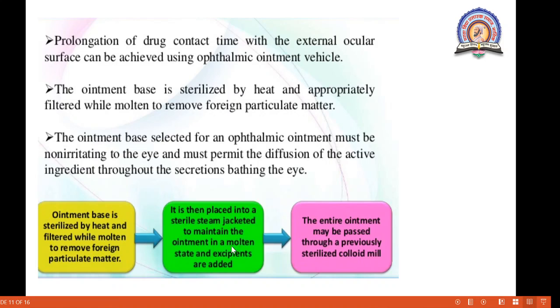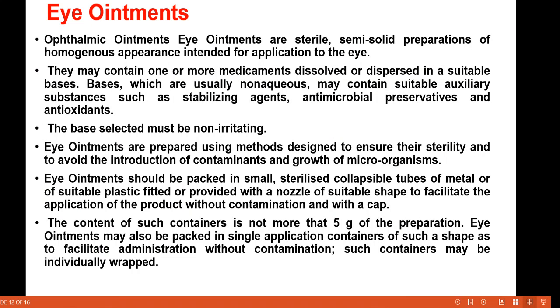Means inactive part is also added. The entire ointment may be passed through the previously sterilized colloidal mill. Then in the previous slide we saw the eye drops. Here we discuss the eye ointments.